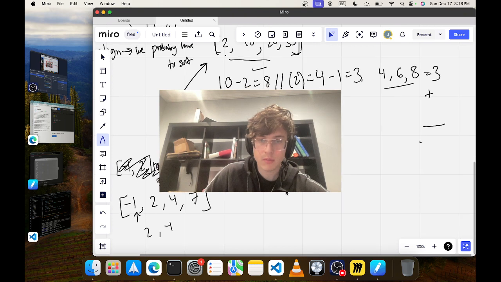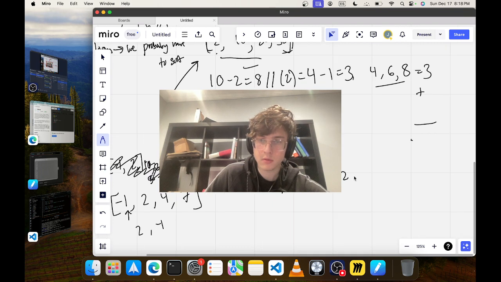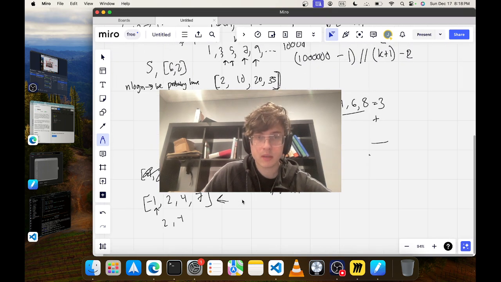So we can do this math where we did 7 minus 3 equals 4, integer divided by 2 is equal to 2, minus 1 is 1, and we can add somebody at 5. So we can treat the 7 as somebody who's sitting, like a ghost who's sitting here, and it makes our math easier because we do end up considering this 5 when we go through pairs of numbers. Hopefully that makes sense.